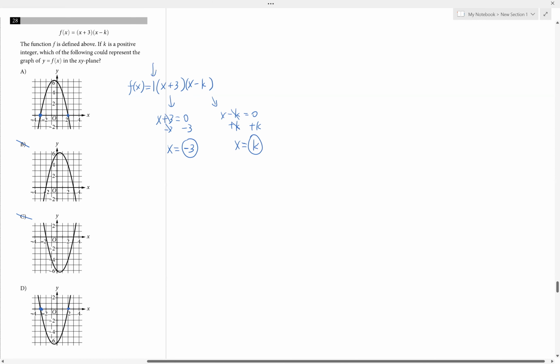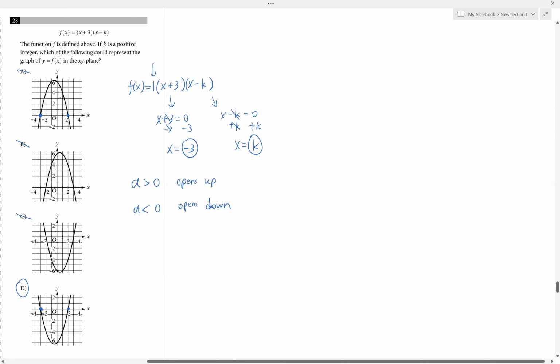Since the leading coefficient is a positive number, the graph will open upward. So this is like the a value. If a is greater than 0, the graph opens up. If a is a negative number, then it opens down. We don't have any negative here, so we're assuming it has to be a positive one. So it opens up, then we know it has to be D.